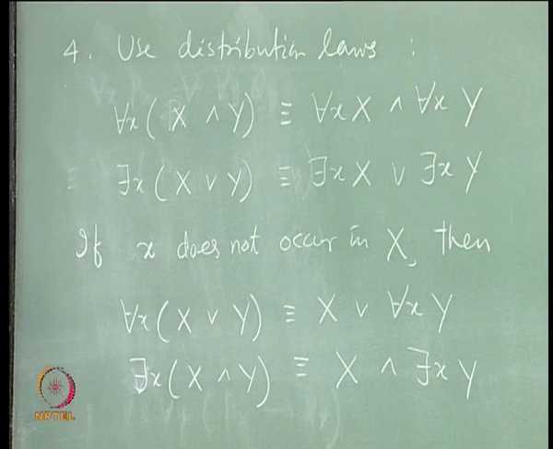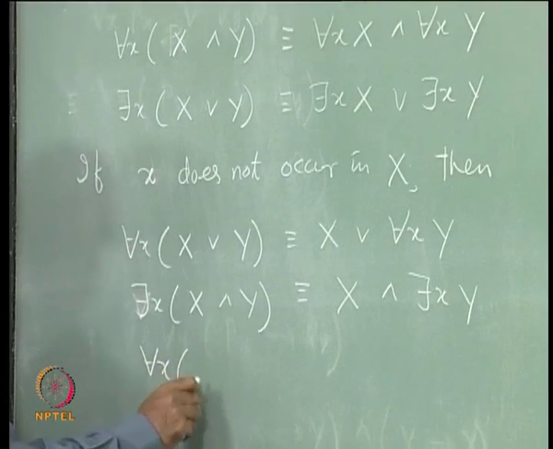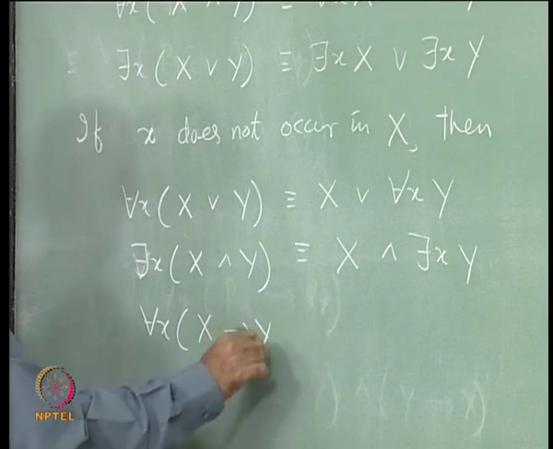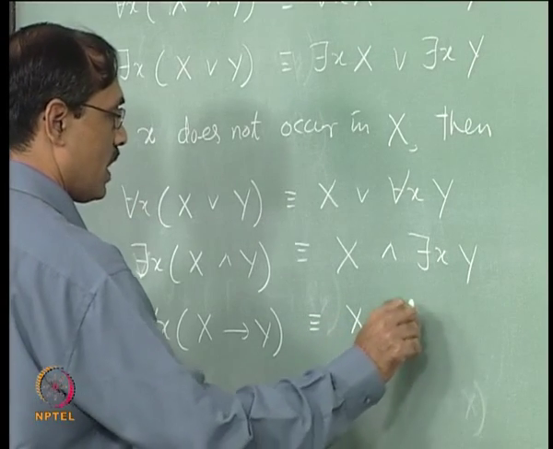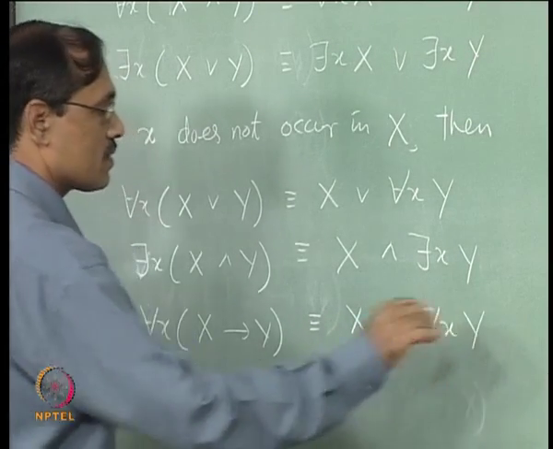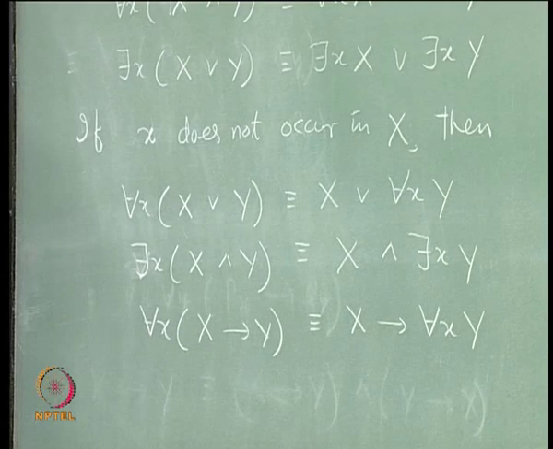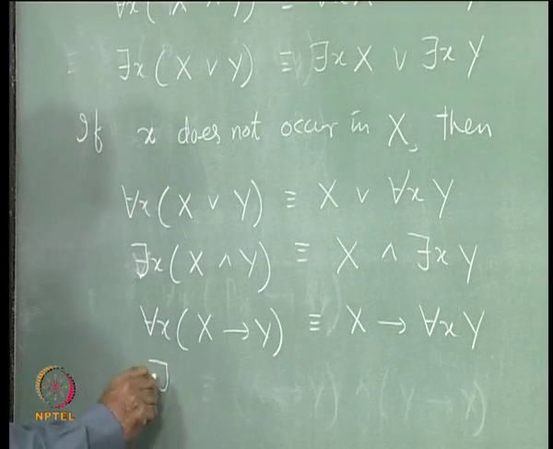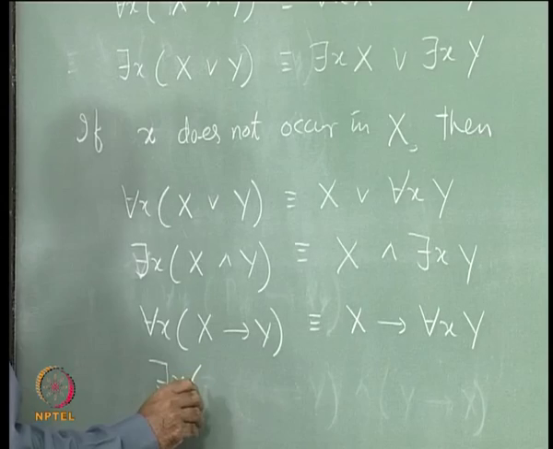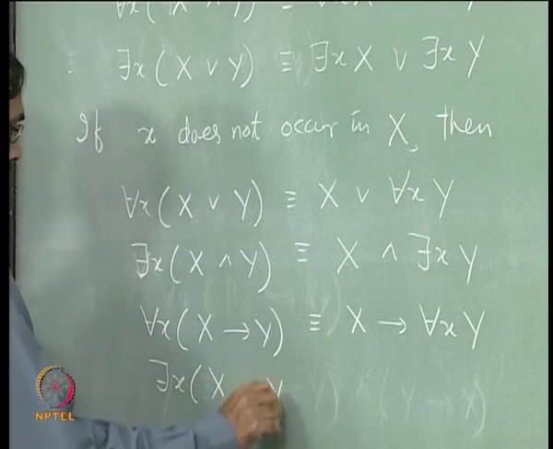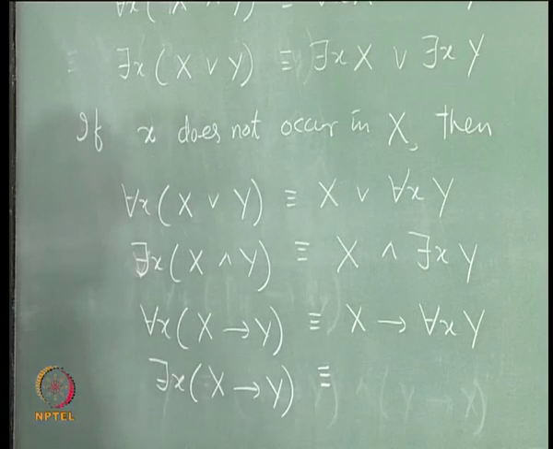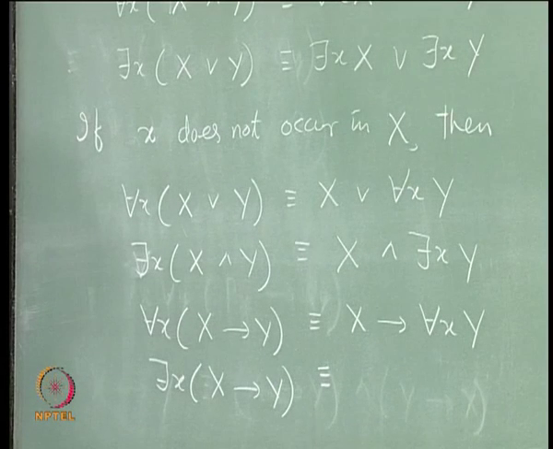Now, for the implies, for each x, (X implies y) will be equivalent to X implies for each x y. And there is x is similar.